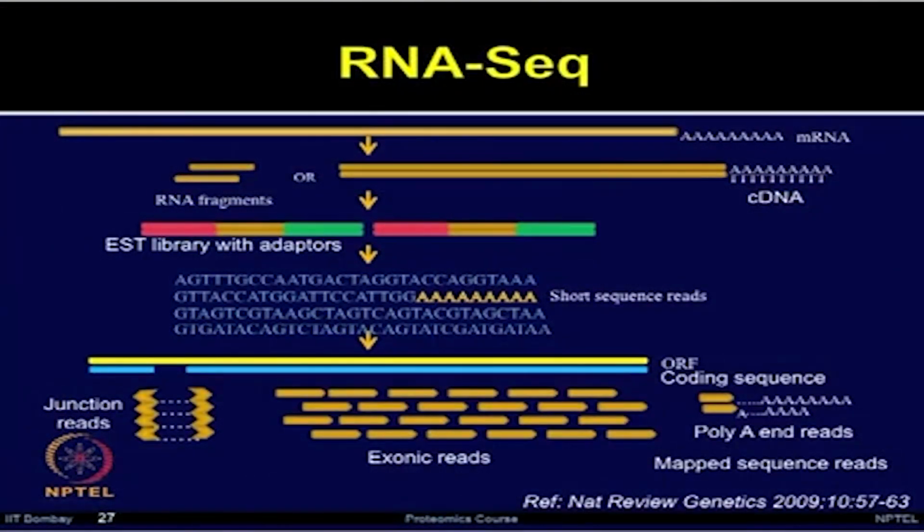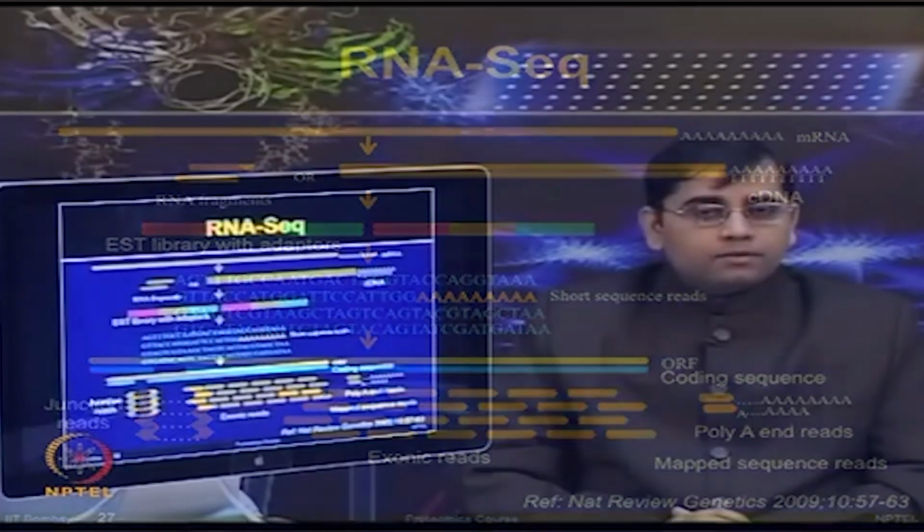In RNA sequencing, the long RNAs are converted into a library of cDNA fragments, as you can see here, through RNA or DNA fragmentation, and to each DNA fragment or cDNA fragment, sequencing adapters are added.